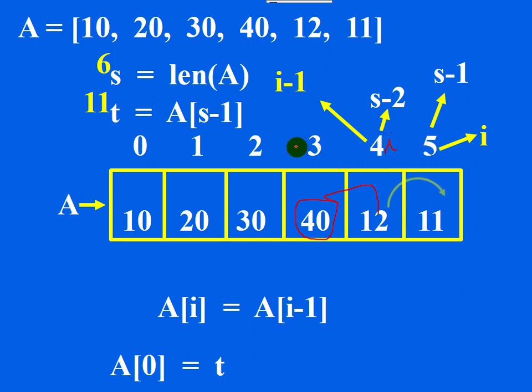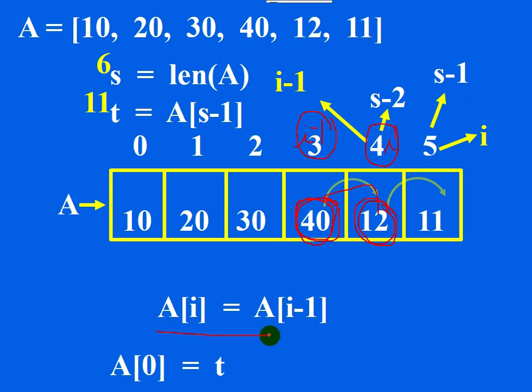So naturally this becomes your new i minus 1, and here also if this is i minus 1, certainly this is A of i minus 1. If this is the new value of i, this position is A of i. So A of i minus 1 should be assigned to A of i.